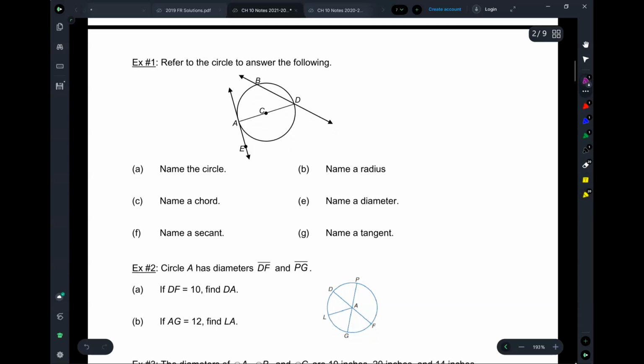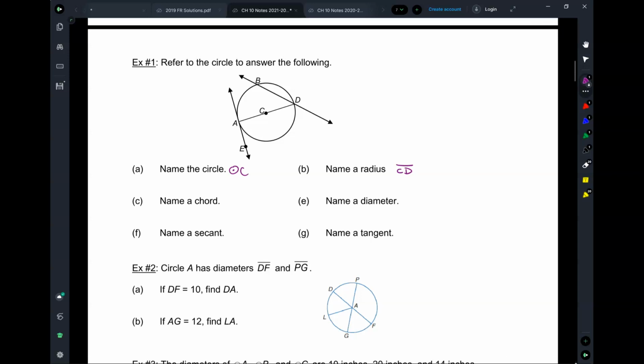All right, so let's see. Name the circle. What do you guys think? Circle C. Name a radius. Nope, radius. CD. It has to be segment CD. If you just do CD, you will not get any credit because we learned segment notation back in chapter 1.